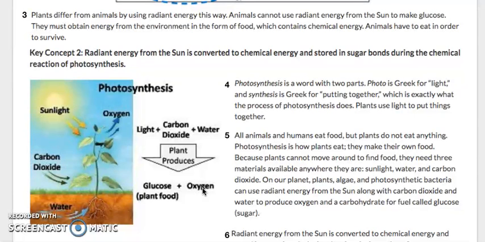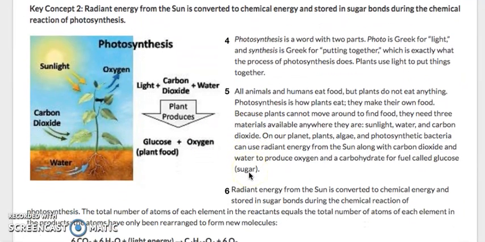Because plants cannot move around to find food, they need three materials available anywhere they are: sunlight, water, and carbon dioxide. On our planet, plants, algae, and photosynthetic bacteria can use radiant energy from the sun, along with carbon dioxide and water, to produce or make oxygen and a carbohydrate for fuel called glucose, which is sugar.